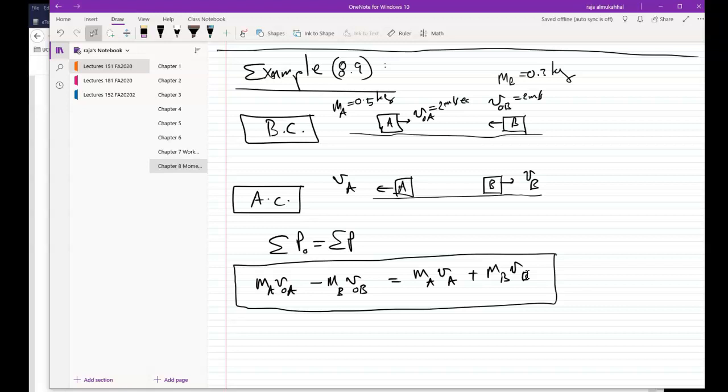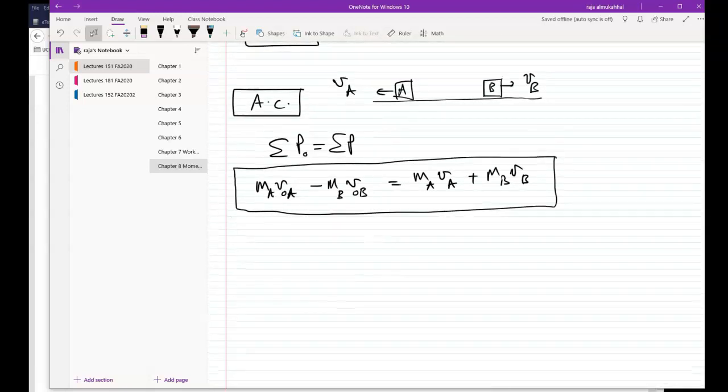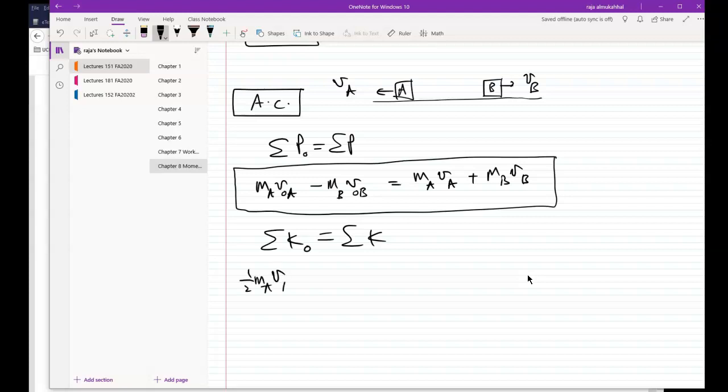So now I can appeal, however, to the conservation of kinetic energy. I can say, oh, but that's an elastic collision. Therefore, the sum of the kinetic energy before equals the sum of the kinetic energy after, correct? What's cool about kinetic energy is you don't worry about direction. So it's going to be 1/2 m sub A v naught A squared, the kinetic energy of the first particle, plus the kinetic energy of the second particle, 1/2 m sub B v naught B squared, equals the kinetic energy of the first particle, 1/2 m A v A squared, plus the second particle, 1/2 m B v B squared.